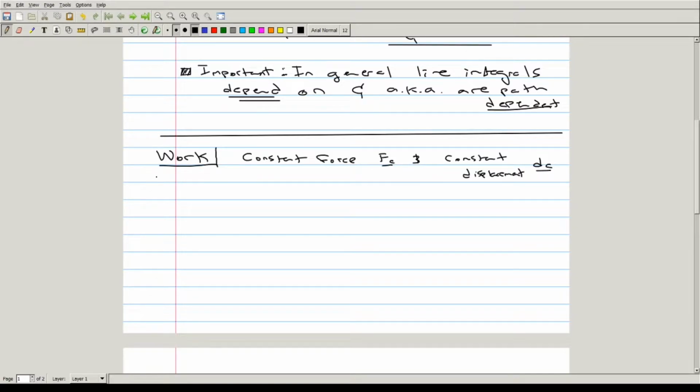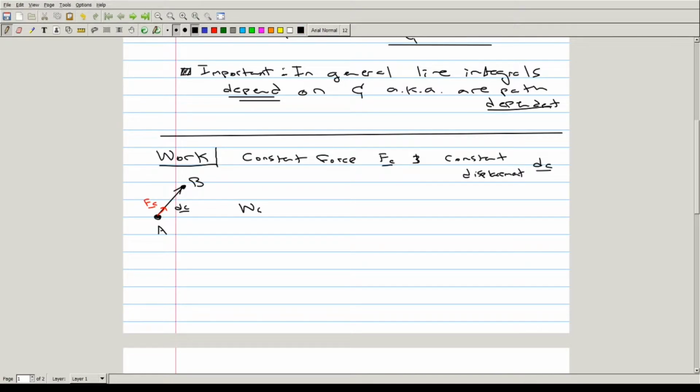The work done by F along the displacement DC, if we say we're moving from A to B in a straight line, so we have a constant displacement, this vector is DC, and the force on A we'll say is the constant force FC.